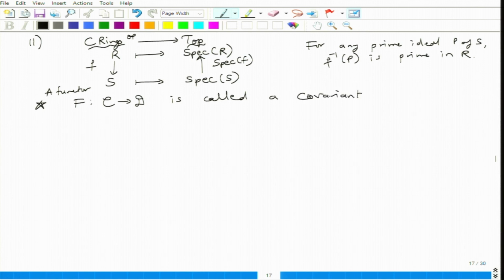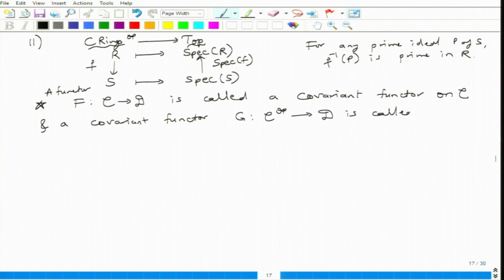Covariant means it doesn't change the direction of arrows on C. And a covariant functor, let me make it precise, a functor G from C op to D is called a contravariant functor on C.